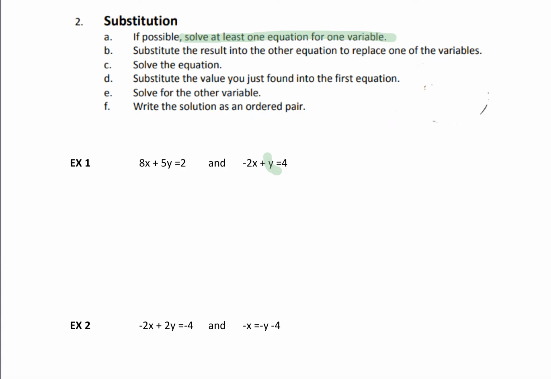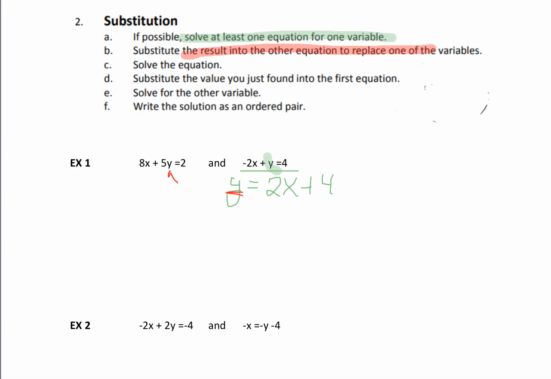So as I go through these, I'm going to work through this example. So solve at least one equation for one variable. So this one, it would be easiest to move that 2x over. Okay. So if I do that part, this next piece says substitute the result into the other equation. So this is y now.